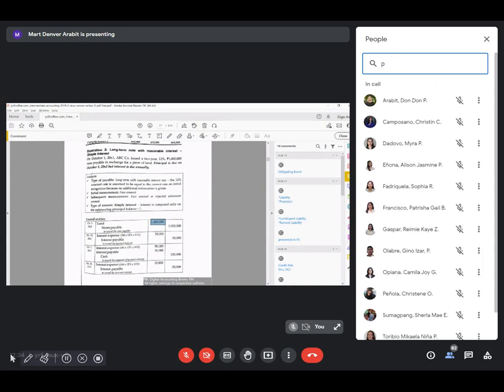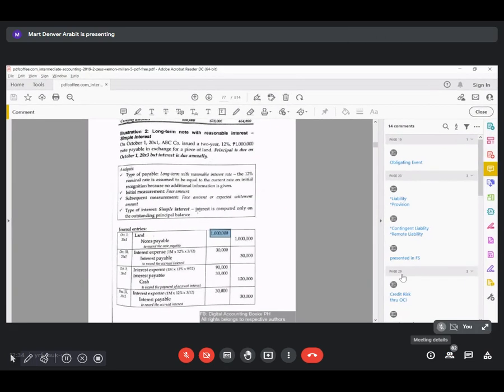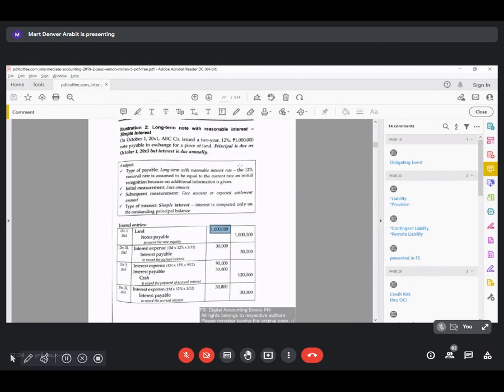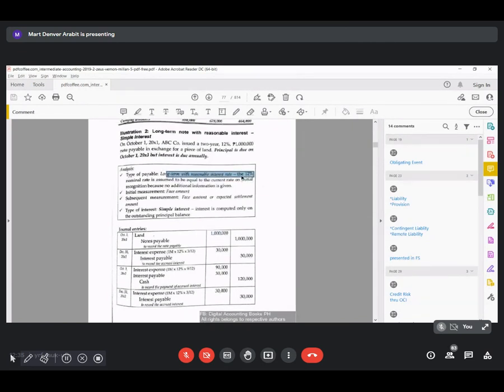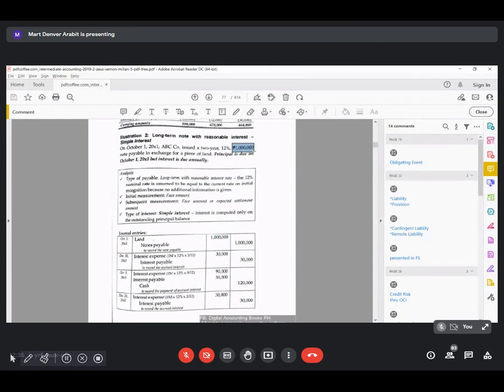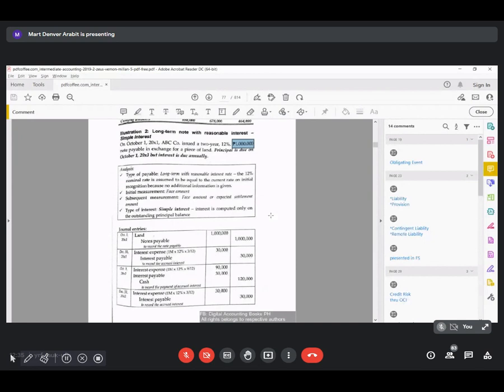So, we can assume na yung fair value ng land is equal dito sa 1 million na face value ng note payable. So, later on this chapter, may hierarchy kung ano yung kailangan natin sundin for non-cash issuance of notes payable. Okay, so let's start.